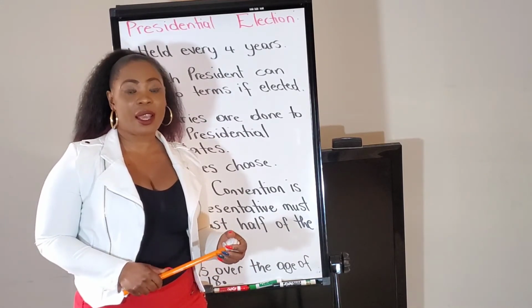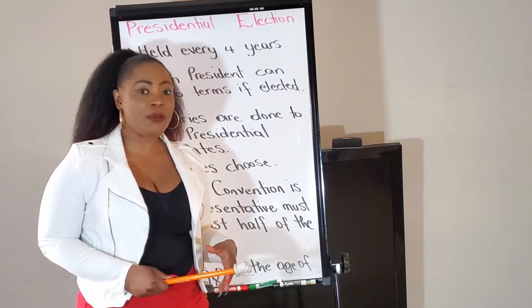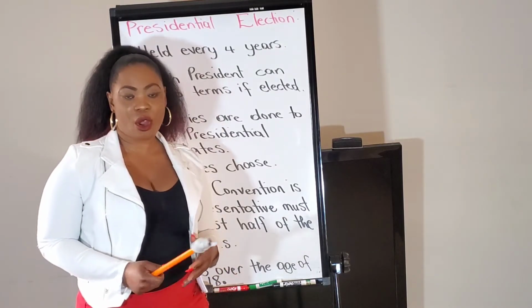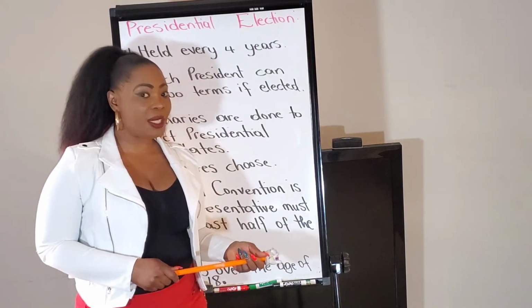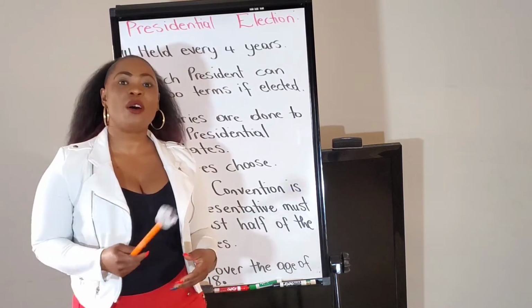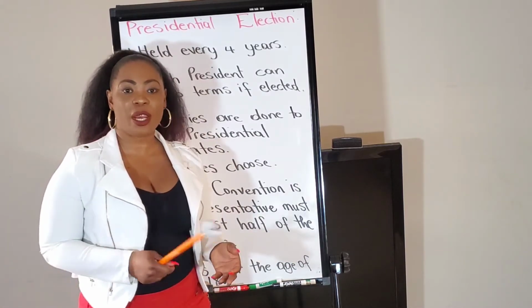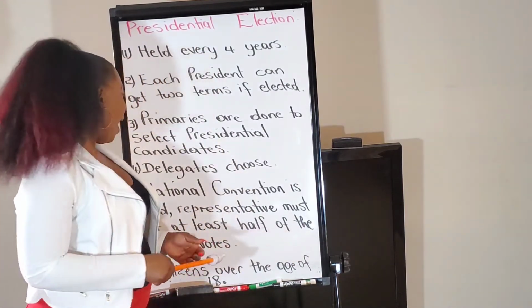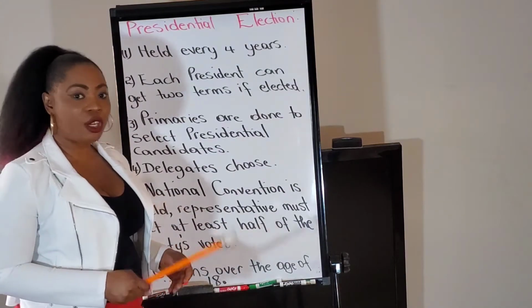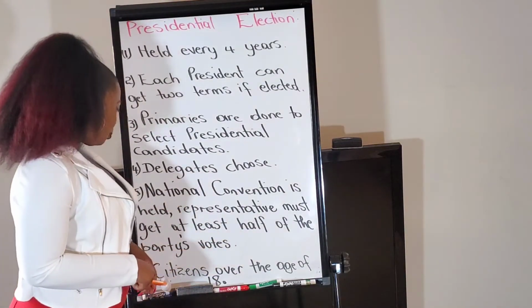That candidate can say, you know what, I didn't get enough votes, so I'm pulling out right here. And those delegates can choose to, of course, vote for someone else. But usually at the National Convention, this is done.